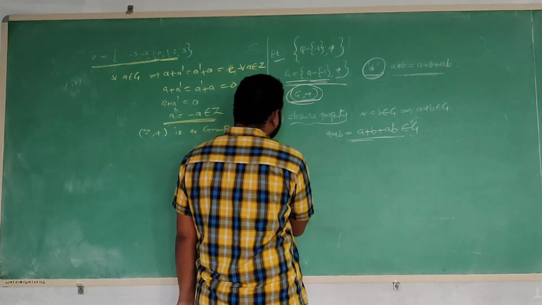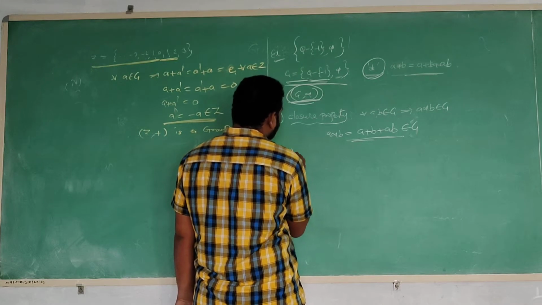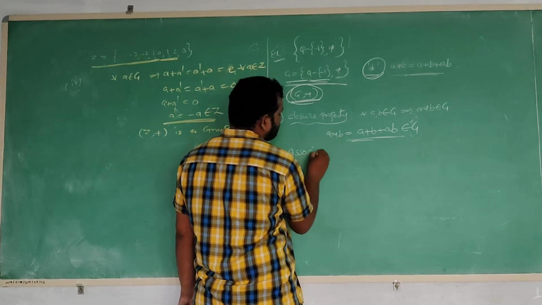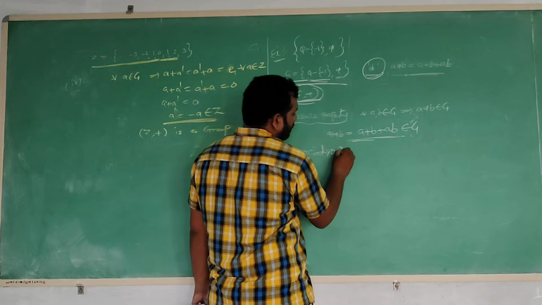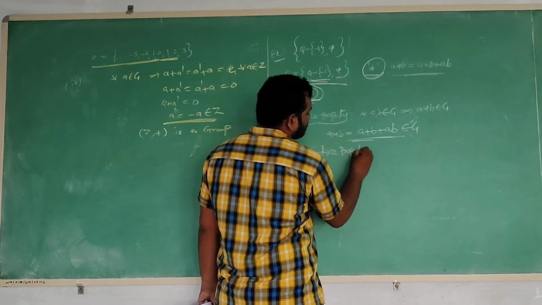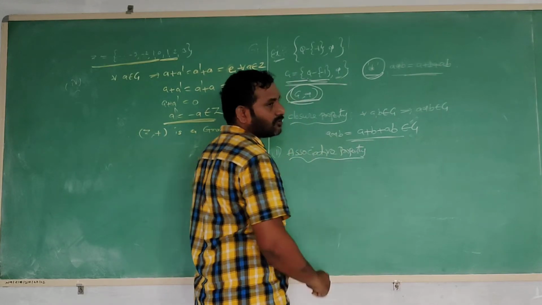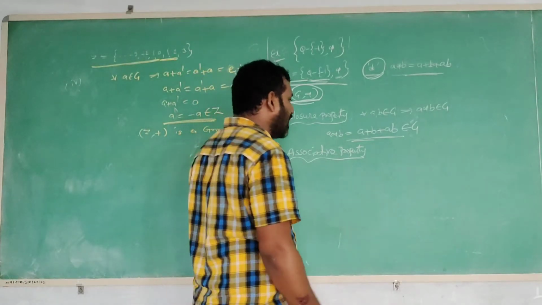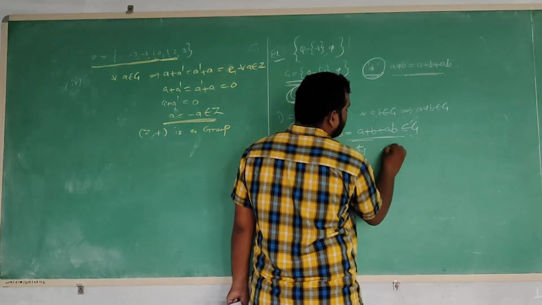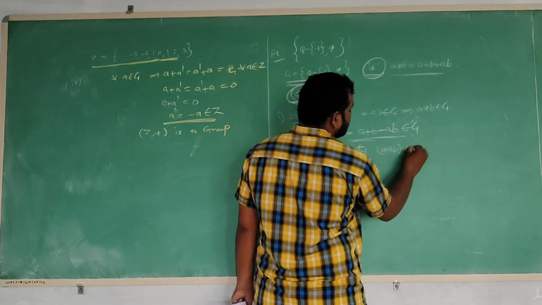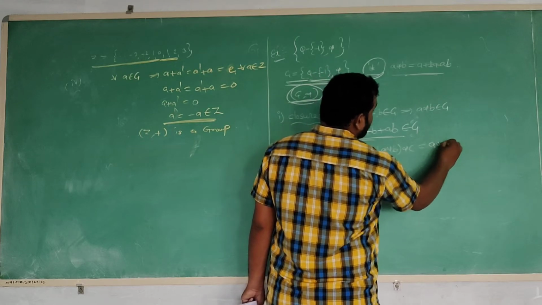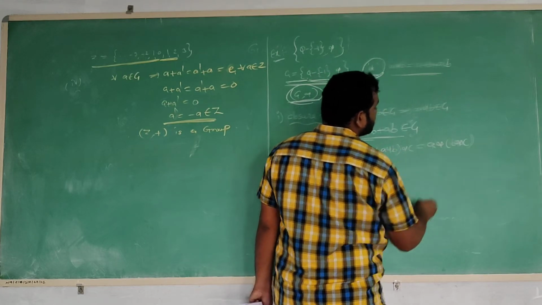Okay, next one. Second property, sorry, associative property. What is the associative property here? For all a, b, c belongs to G, (a star b) star c equals a star (b star c).